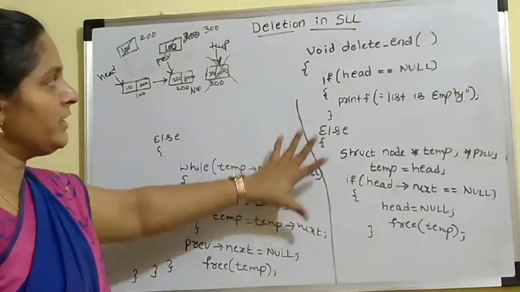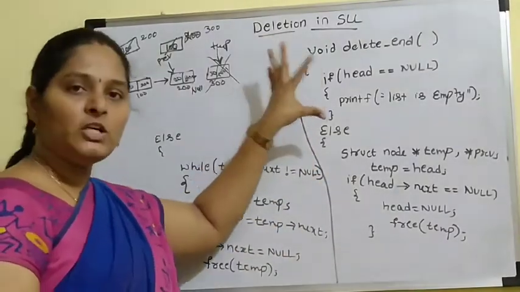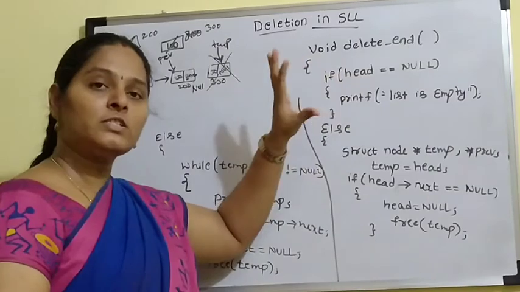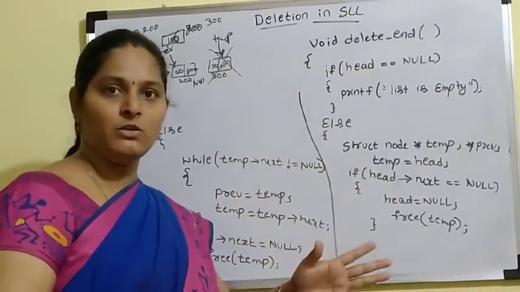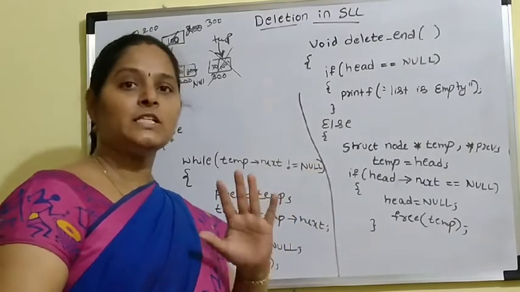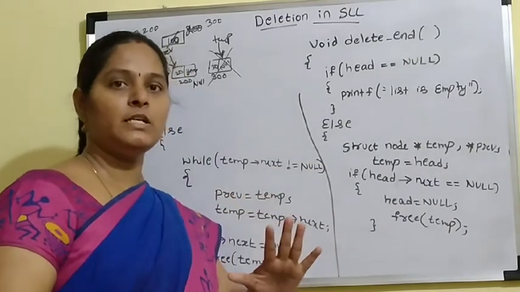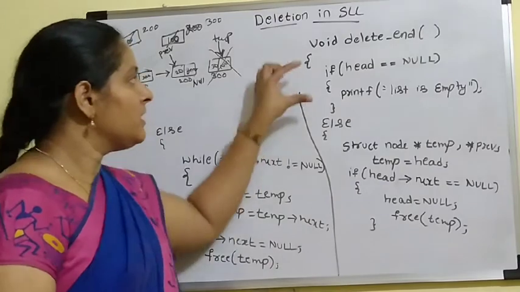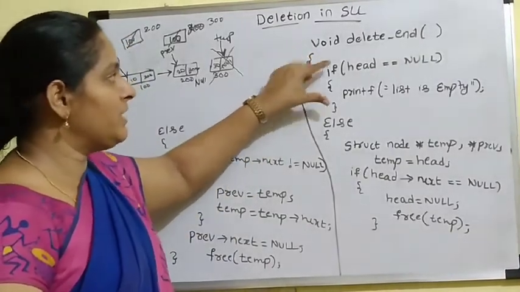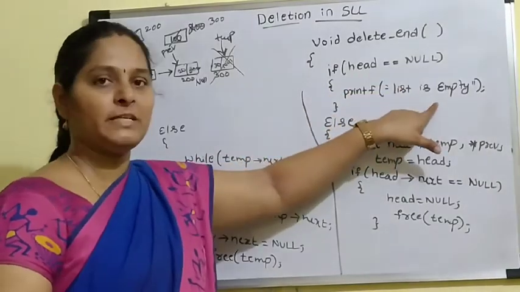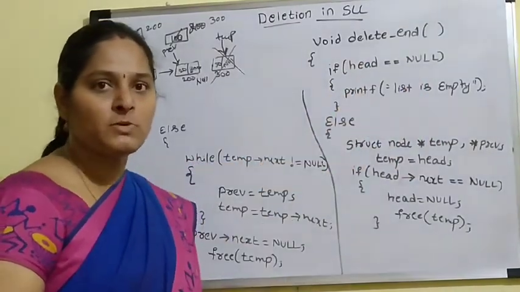So what we are doing here: if you want to delete a node, whatever node it is, it may be a first node, last node or a middle node, we need to verify whether the list is empty or not. If the list is empty, we can't delete, right? When head equal to null, the list becomes empty, and deletion is not possible.